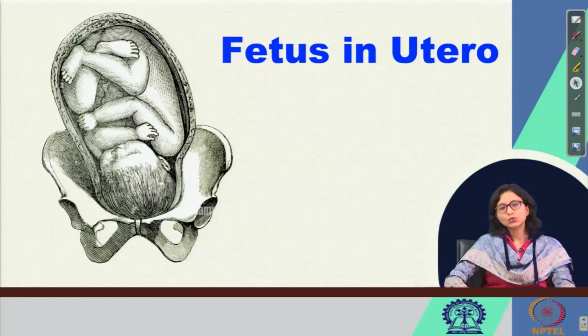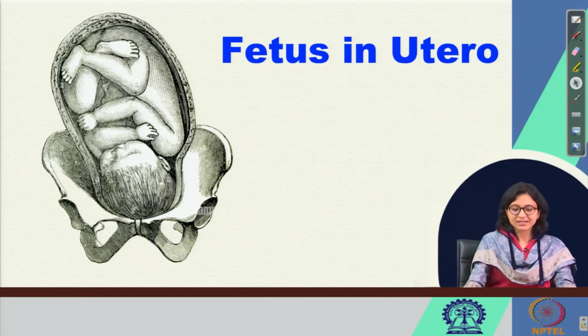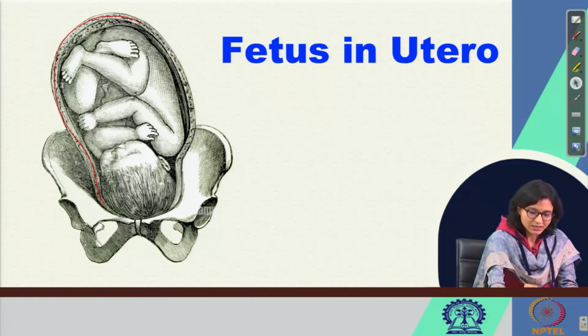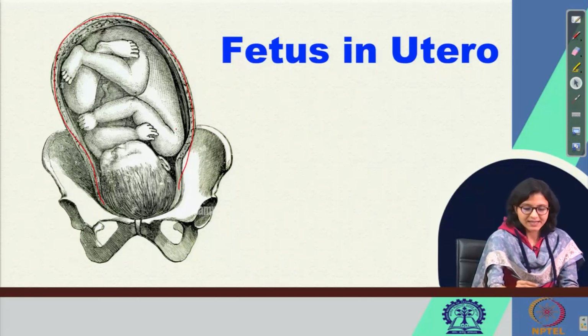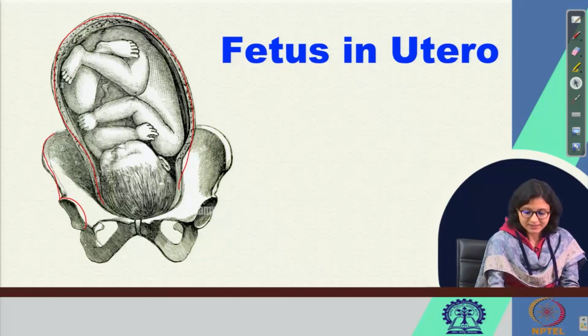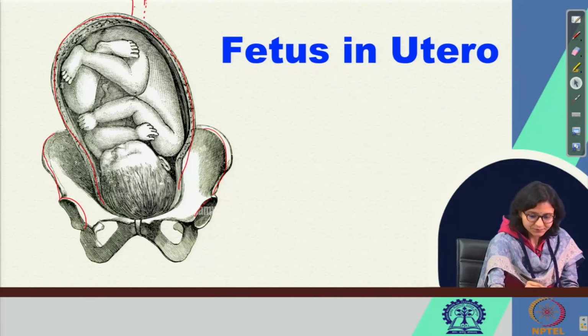So, coming to the topic proper. This is a picture of the fetus in utero. The fetus is inside the uterus, in the mother's womb. Here is the maternal pelvis, and the maternal spine will be passing like this at the midline.